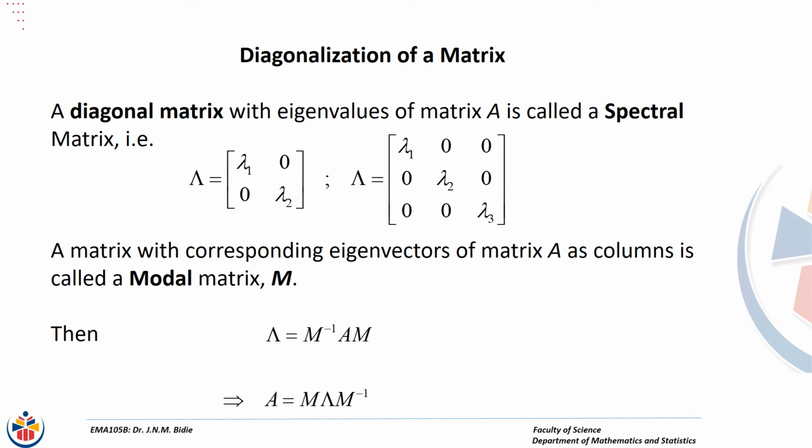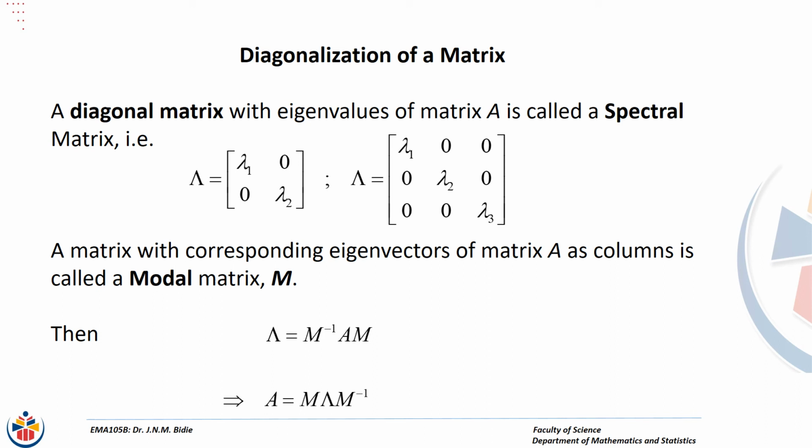Now, once you've got your eigenvalues, you have eigenvectors. If you are able to put the eigenvectors in a matrix format where each eigenvector corresponding to that particular eigenvalue is put in that column, then we've got what we call a model matrix. So the eigenvector corresponding to lambda 1 must be in column 1.